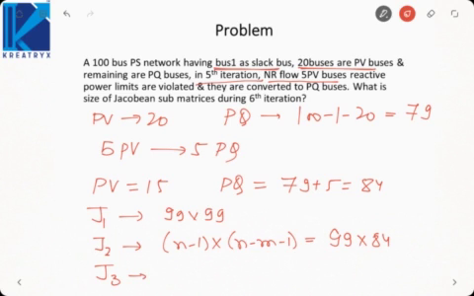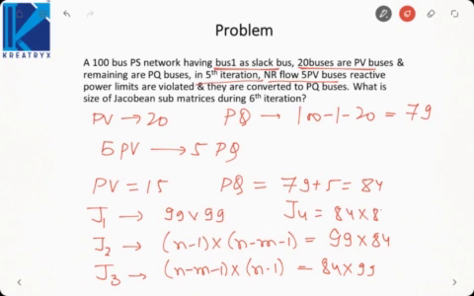J3 was del Q by del delta, that is n minus m minus 1 cross n minus 1, and J4 was square matrix 84 cross 84. So this is the size of Jacobian submatrices. Now let us see what are the elements of the Jacobian submatrices.